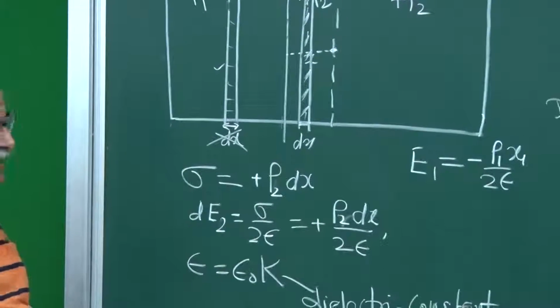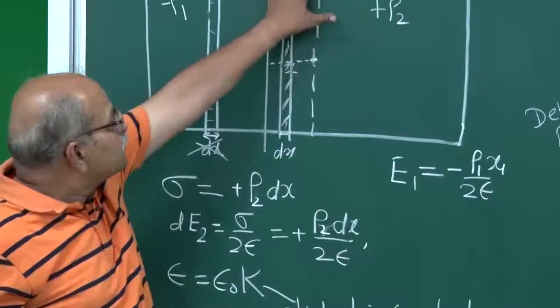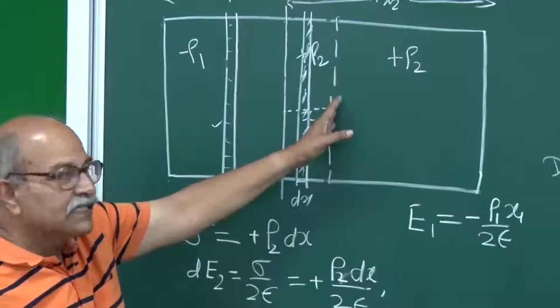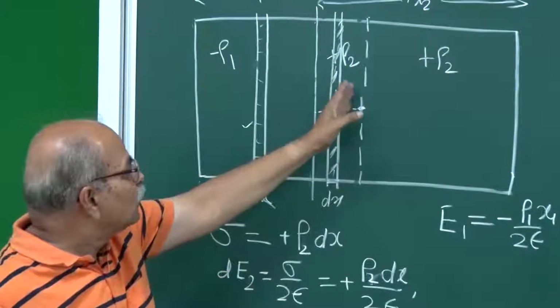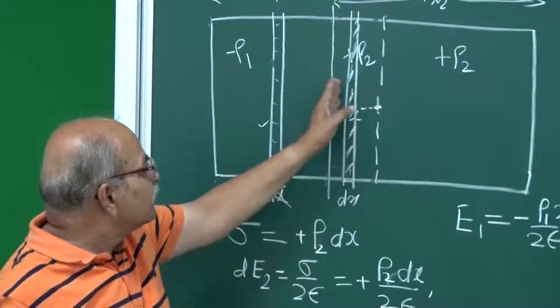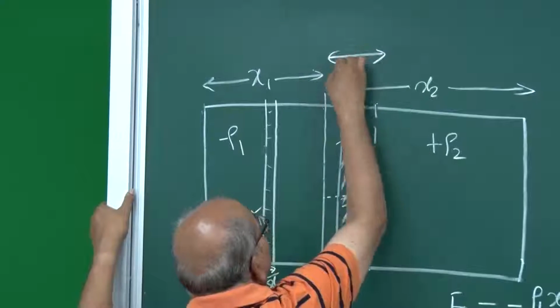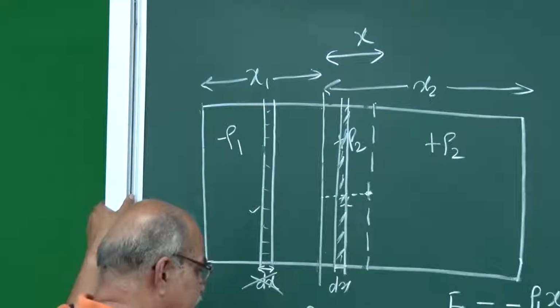So what is the electric field due to this part, which is positive charge plus rho 2, to the left of the point chosen? What is this whole length? This whole length is just x.